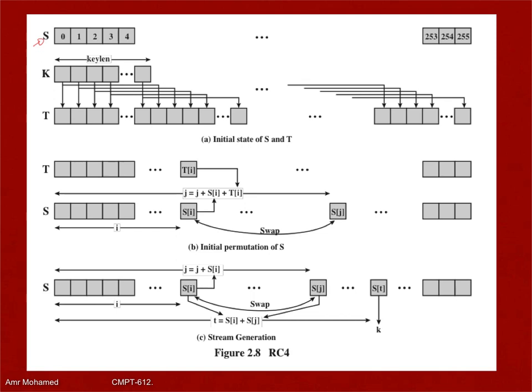Then, if you have a key, you generate an initial state vector T, where T[i] equals K[i mod key length]. That's it.